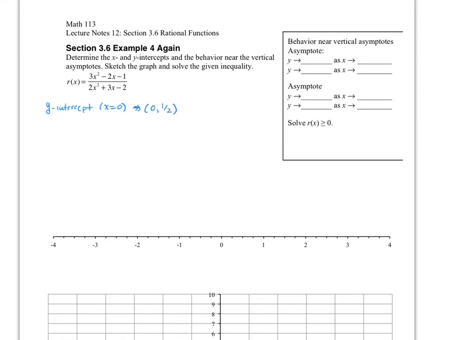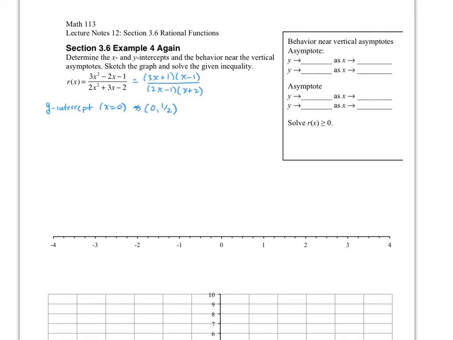Now for the rest, we're going to need to factor this. So the factor of the top is going to be (3x plus 1) times (x minus 1). And the bottom is going to be (2x minus 1) times (x plus 2). And you should check this factoring.